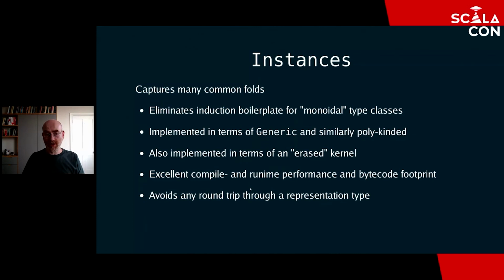Whereas in Shapeless 2, pretty much everything you were going to do would involve first mapping your data type, from a case class, say, into an HList, or from a sealed trait into a nested coproduct, using this model we can avoid having to take the round trip through that representation type.